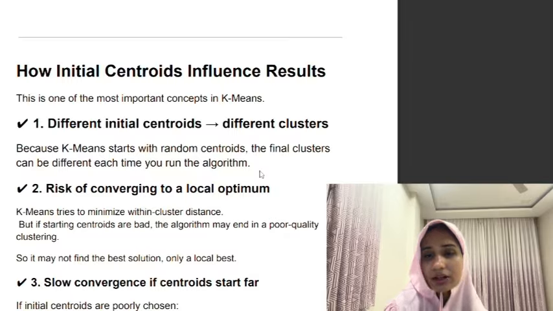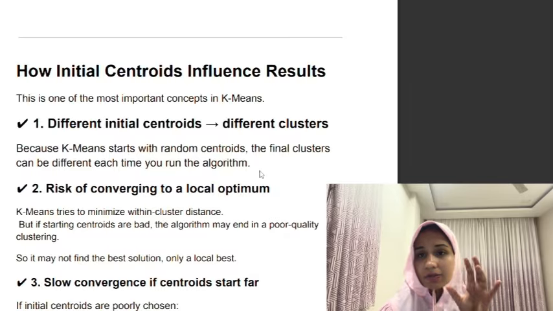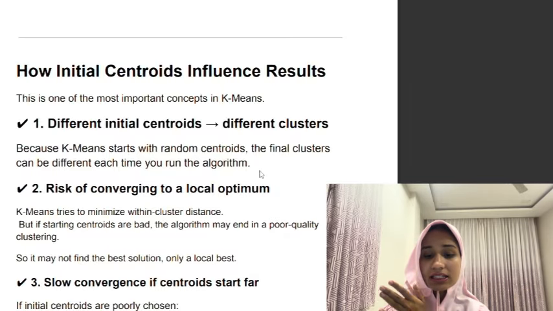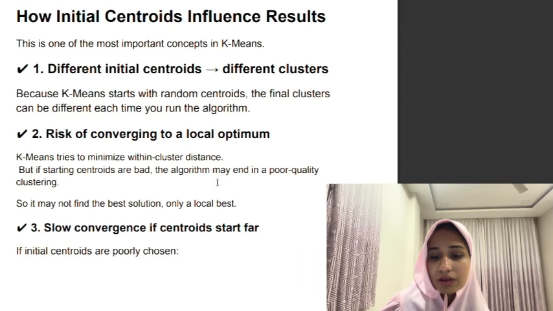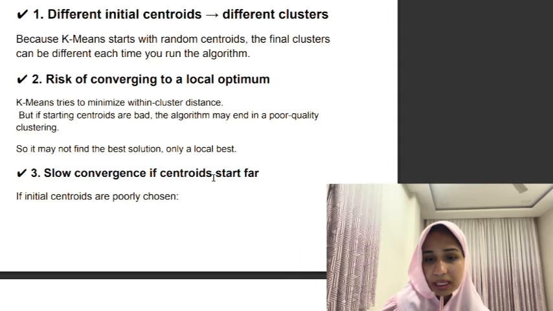Different initial centroids mean different clusters, because k-means starts from random centroids. The final clusters can be different each time you run the algorithm. Risk of converging to a local optimum. K-means tries to minimize within-cluster distance, but if starting centroids are bad, the algorithm may end in a poor quality clustering.